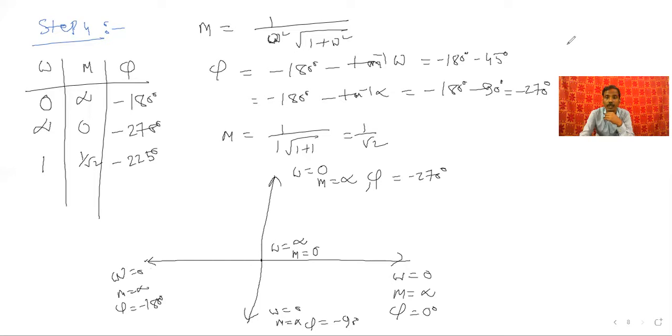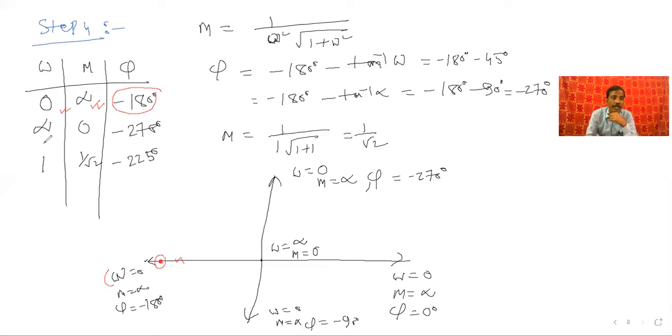At phi equals to minus 180 degree, magnitude infinity and omega 0. So this is the one point.